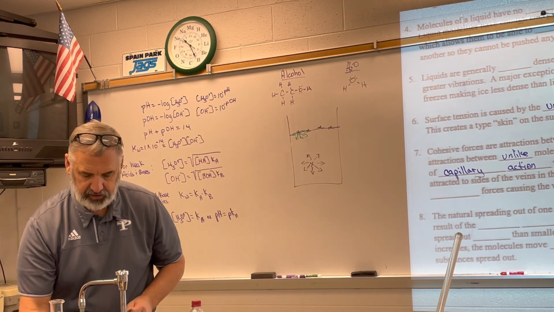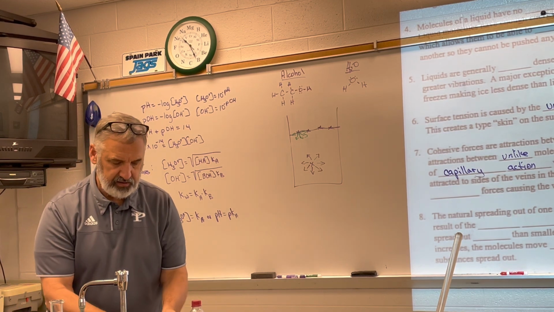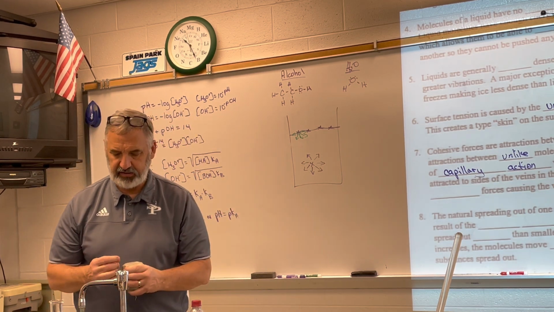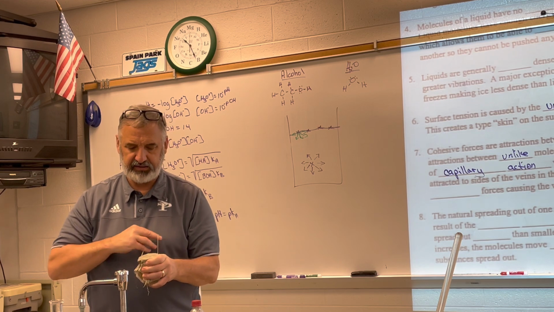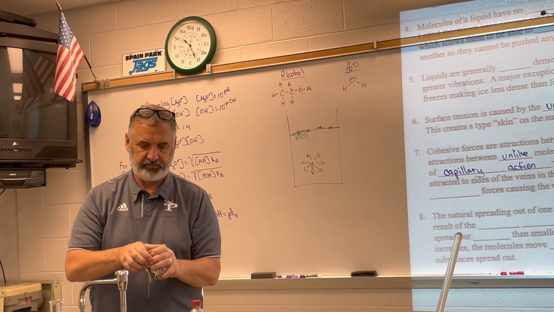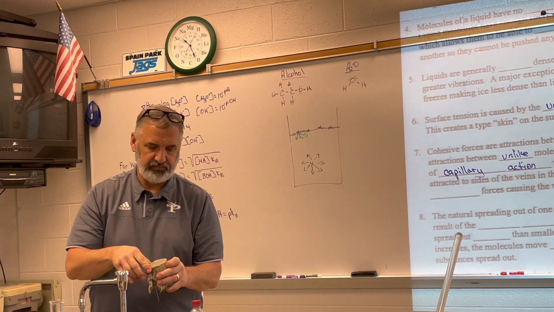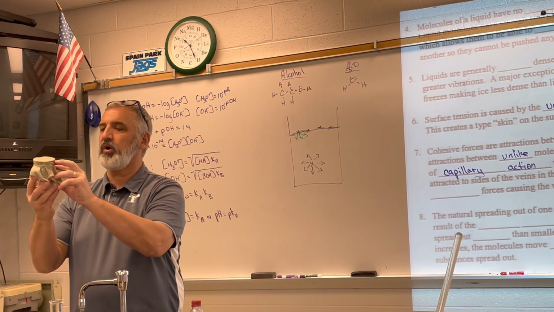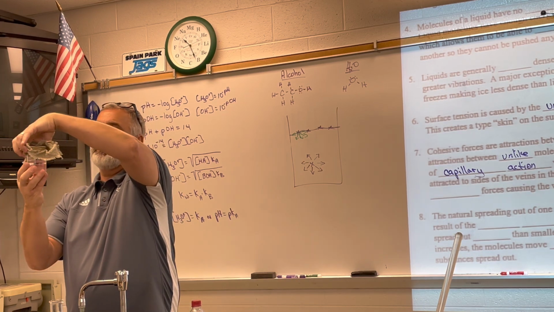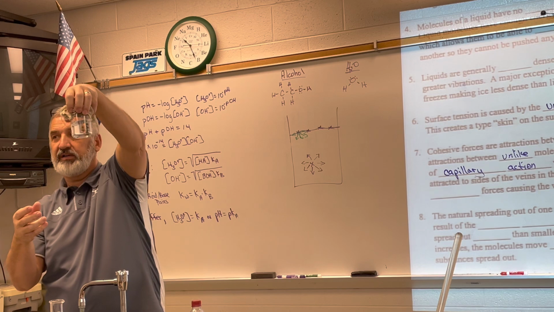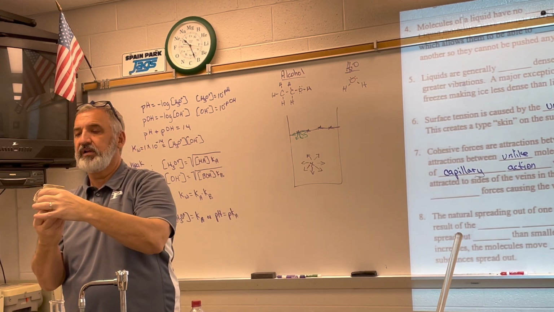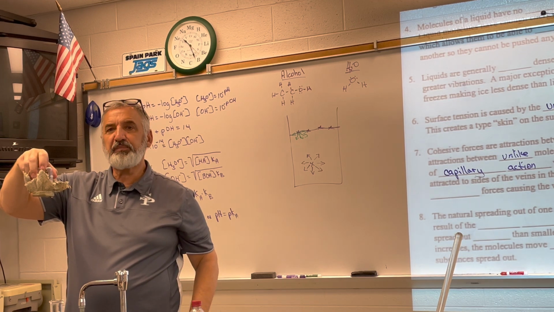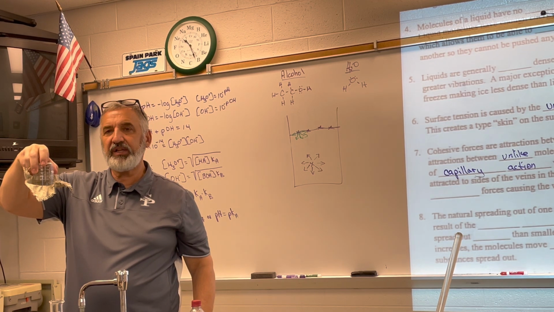If I put this over the top of this beaker and seal it down, now I turn this beaker that has water in it, just to verify, upside down. Even though it's got pores and holes in it, the water really doesn't come out.